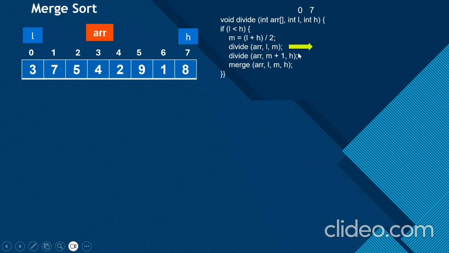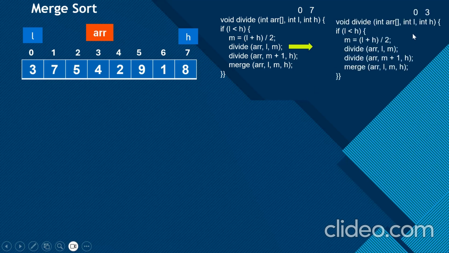So I have shown it here that I am calling another function since it is being recursively called. So I'll be calling this divide function again, but with the parameters of ARR and 0 and 3, right? ARR is this ARR again, or the array itself, and L and H would be now 0 and 3, right? What does that in turn mean?